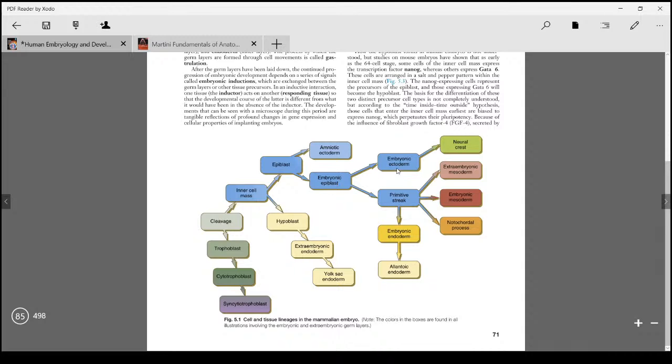Then this will become the embryonic primitive streak. That will become the neural crest, neurulation, then extraembryonic mesoderm, embryonic mesoderm, notochordal process, then embryonic endoderm, allantoic endoderm. The descriptions of these things are not there in our course, but they are really great to study as far as the interest level is concerned.